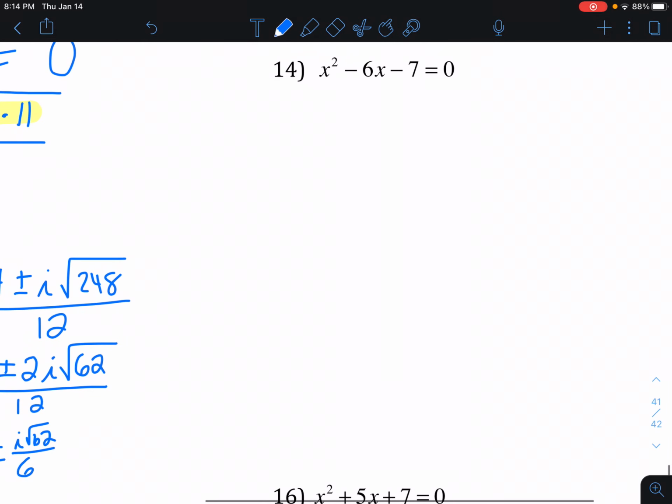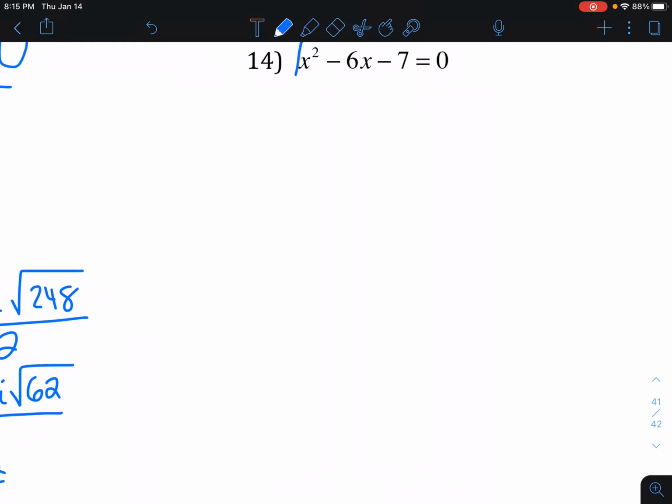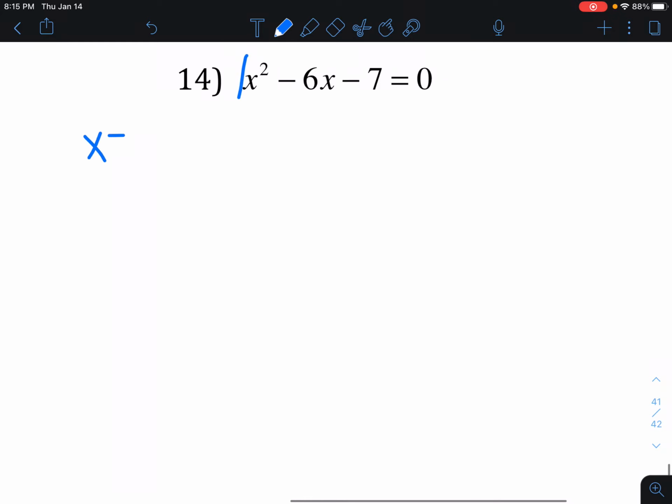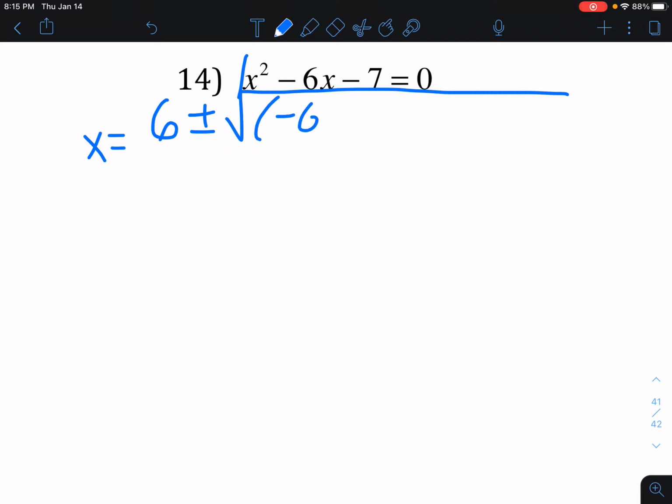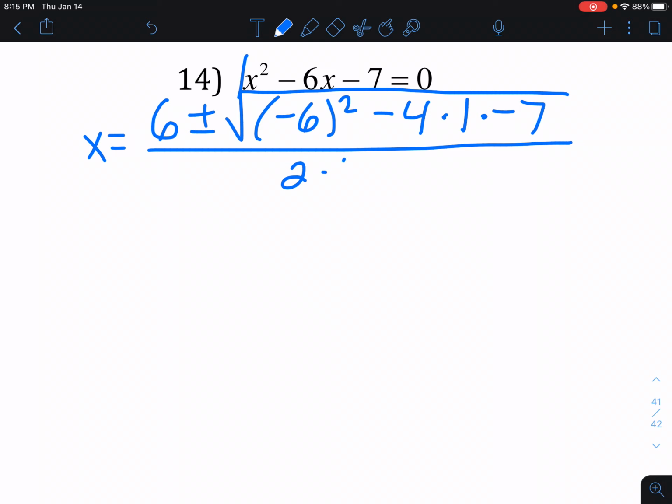Okay, another one. A is 1. It is set equal to 0. I did check that. A is 1, b is negative 6, and c is negative 7. So negative b, but the b is a negative, so that's double negatives to become positive 6, plus minus square root of b squared minus 4 times a times c, divided by 2 times a.